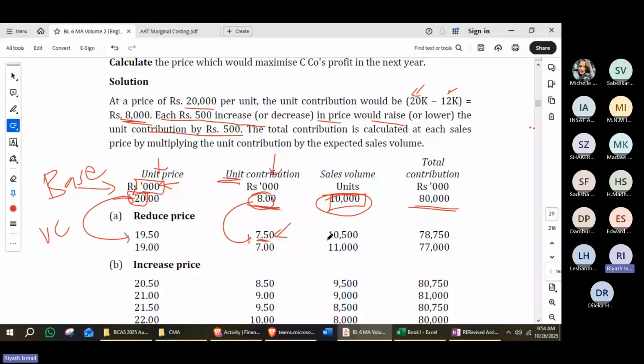Unit sales increase by 500, from 10,000 to 10,500. Now you see the total contribution is 78 million.